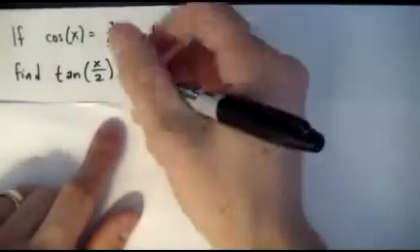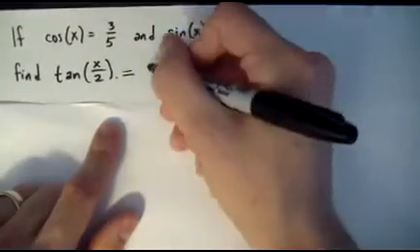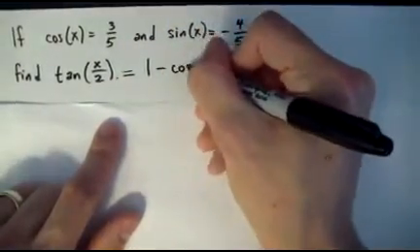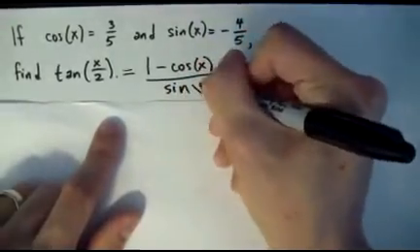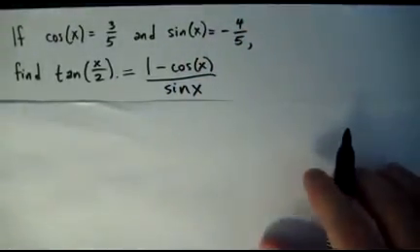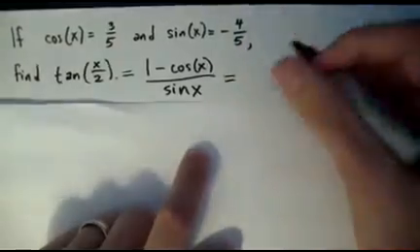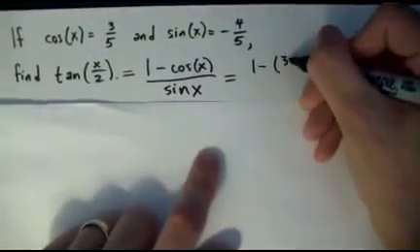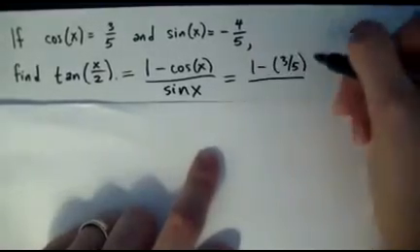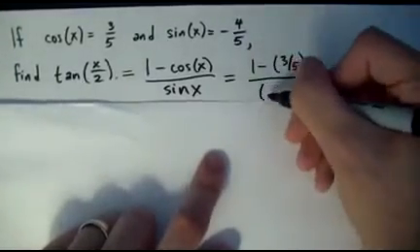So in this case, let's say tan of x over 2 is just (1 minus cos of x) over sine of x. And in this case, we're told what cos of x is, it's 3/5. And we're told that sine of x is minus 4/5.